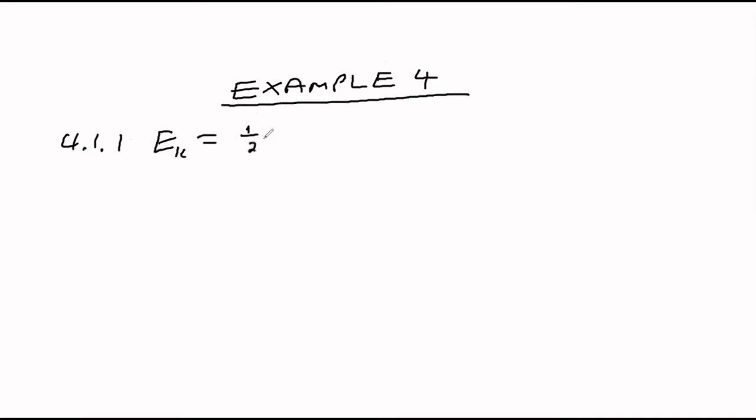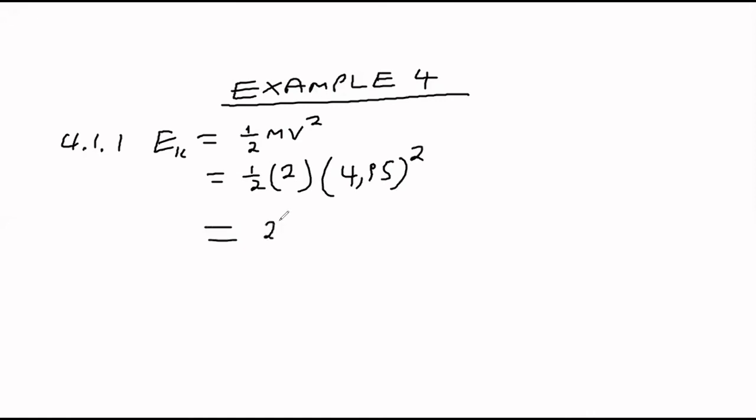EK is equal to half mv squared. So let's substitute. M is 2 kg, and the speed is 4.95. Half times 2 times 4.95 squared is 24.5 joules. That is the answer.